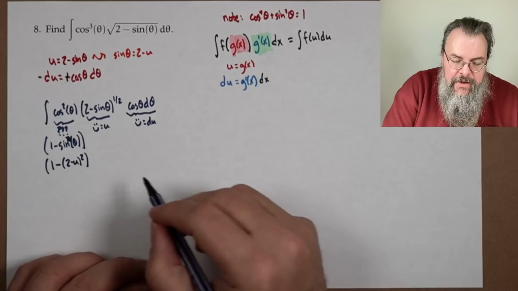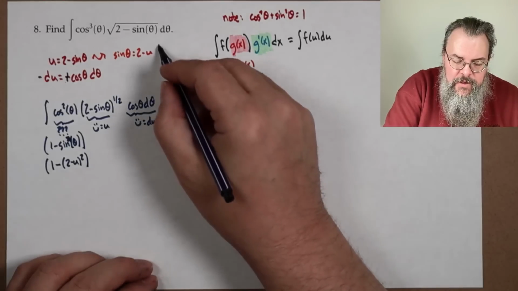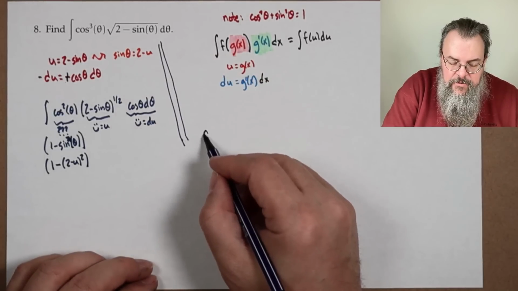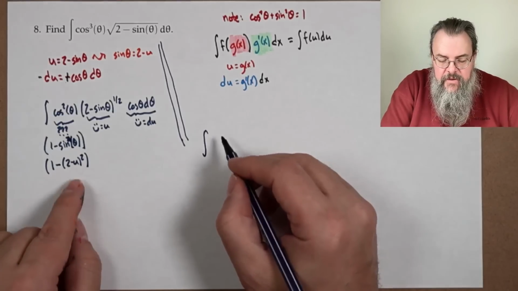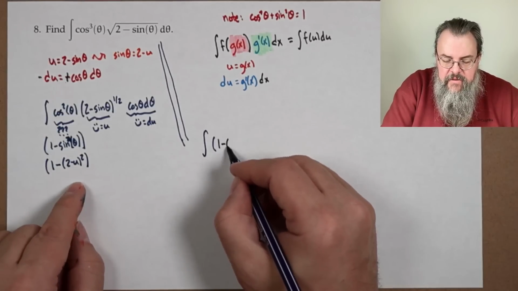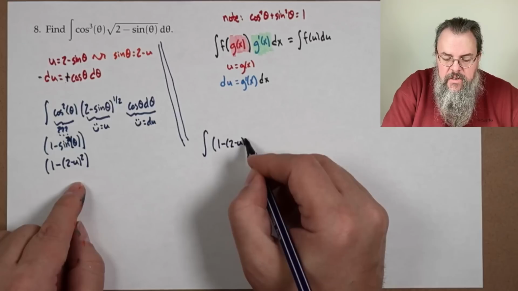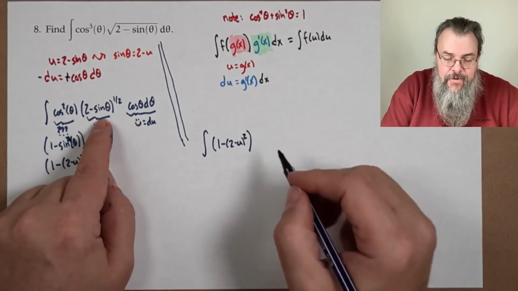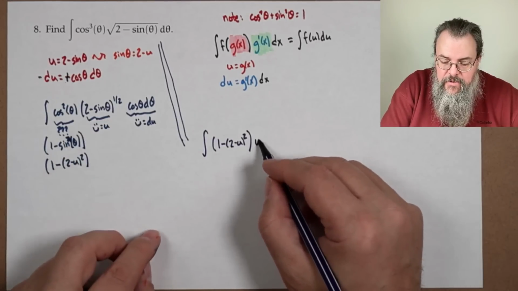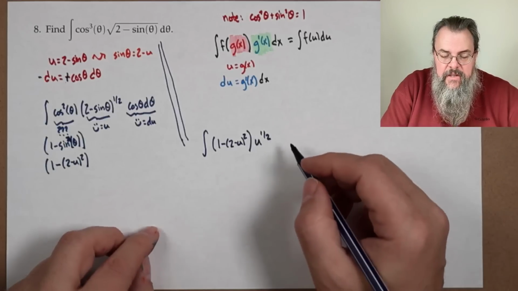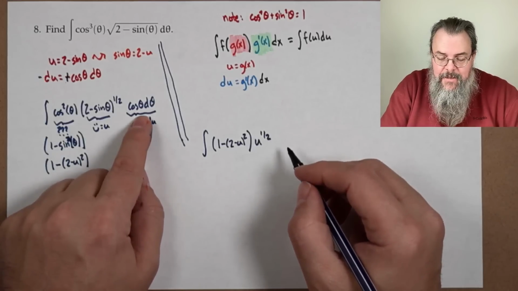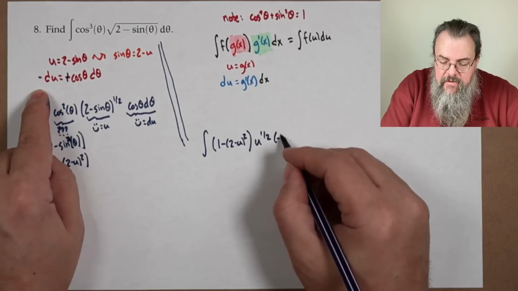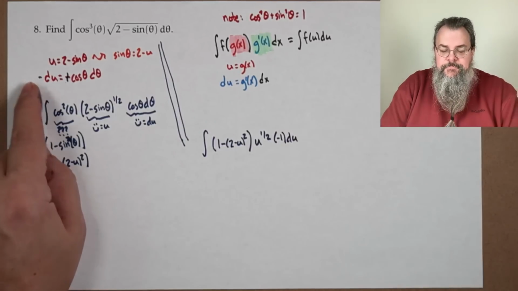With this substitution, this becomes the integral of the cosine squared, 1 minus (2 minus u) squared, times the square root of 2 minus sine theta, which is u to the 1/2. And this cosine theta d theta becomes, don't forget the minus, a minus du.